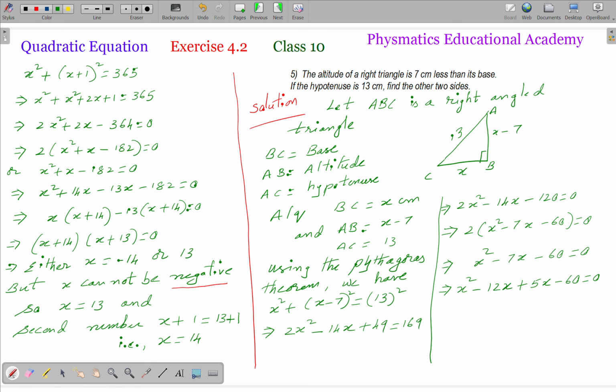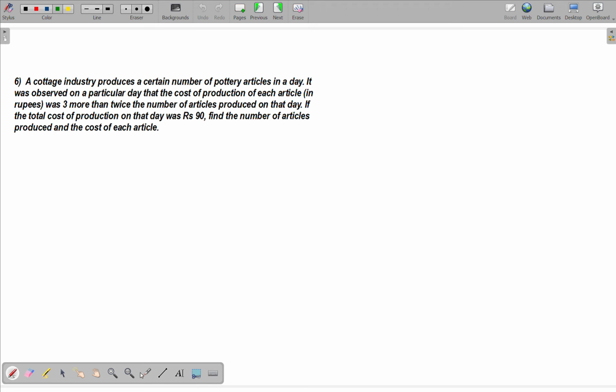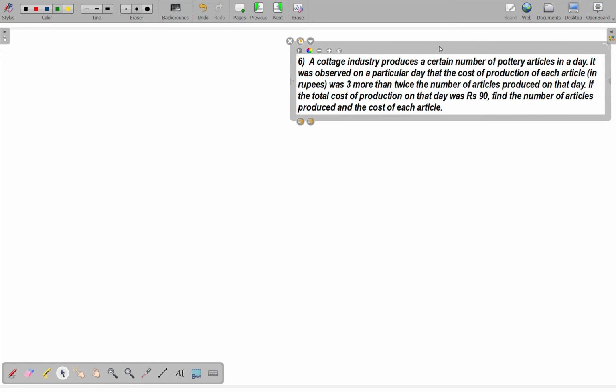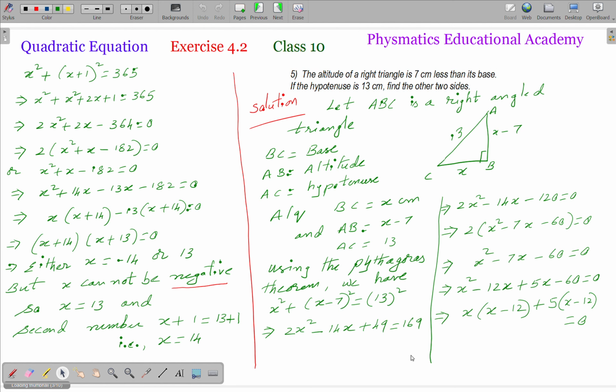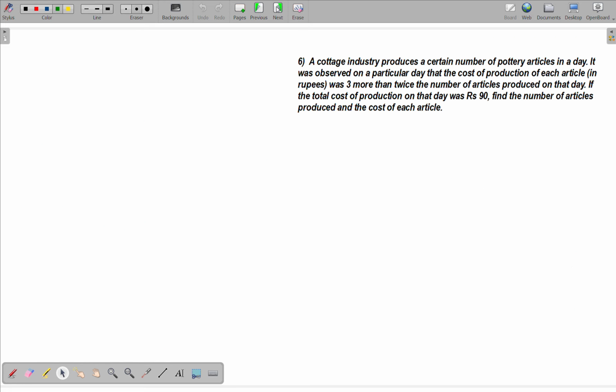Taking x common, x into x minus 12, plus 5 into x minus 12 is equal to 0.